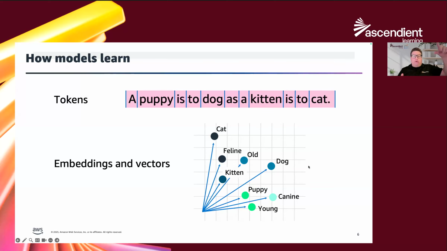Now, here we can only show two dimensions in a PowerPoint, but you can imagine, like here you see cat is pretty close to feline and it's pretty close to kitten. But kitten is close to young, probably closer to young than it is to old, just like puppy is closer to young than it is to old. And puppy is much closer to dog than it is to cat, right?